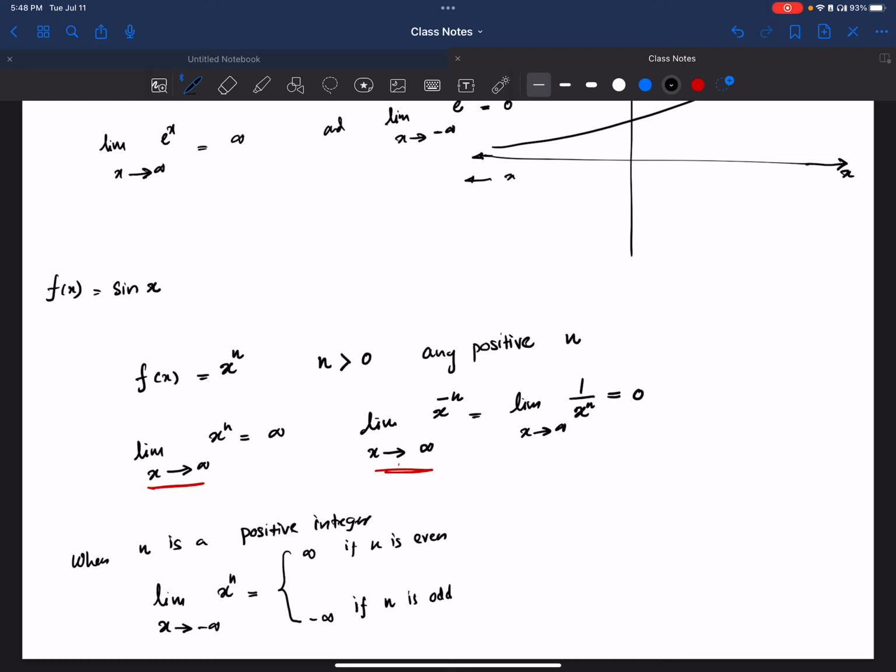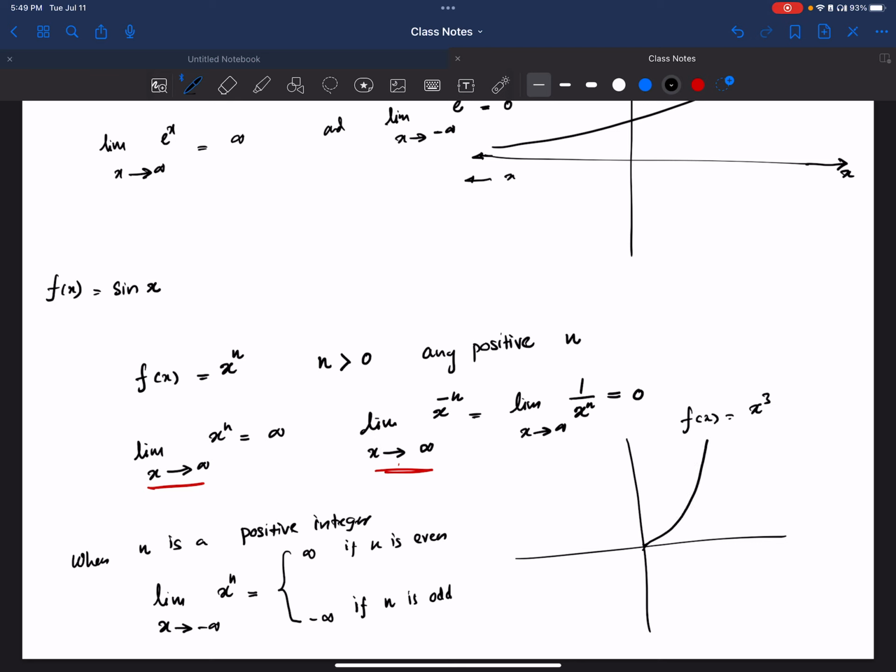I can show you this. Consider f(x) equals x cubed, where n is an odd positive integer, 3. When x goes to positive infinity, it doesn't matter whether n is even or odd, it goes to infinity.